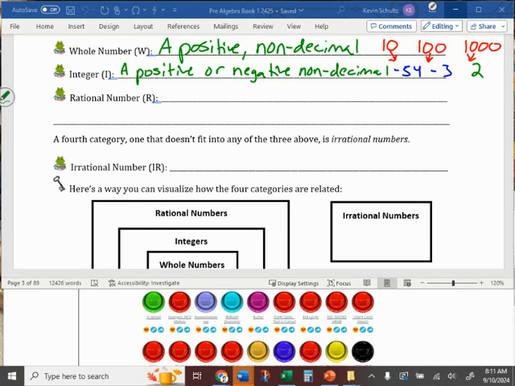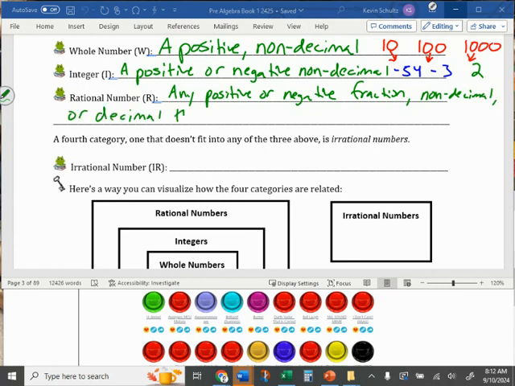Rational numbers, that's the big set. There are 2 lines for the definition because rational numbers can be lots of things. A rational number is any positive or negative fraction, non-decimal, or decimal that ends or repeats.